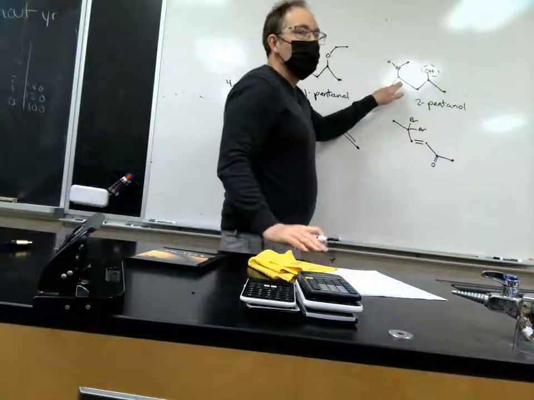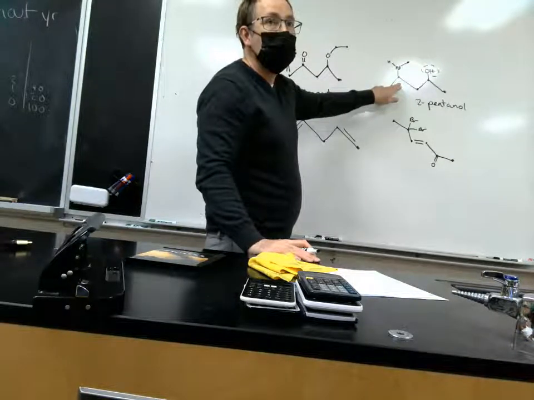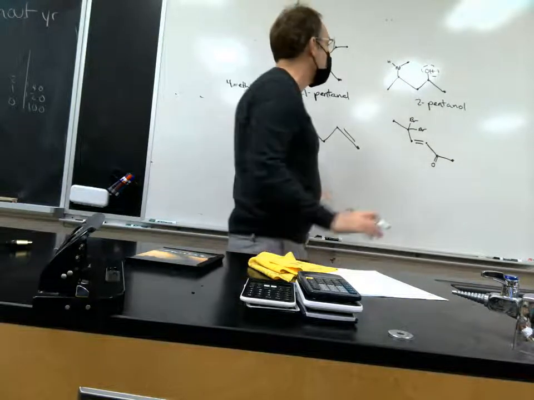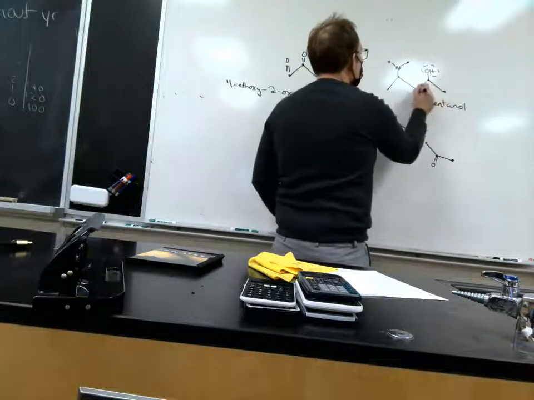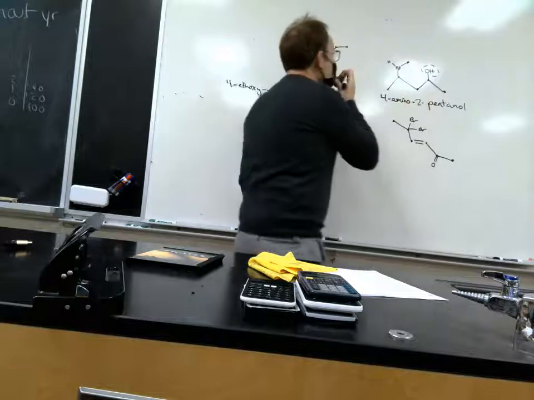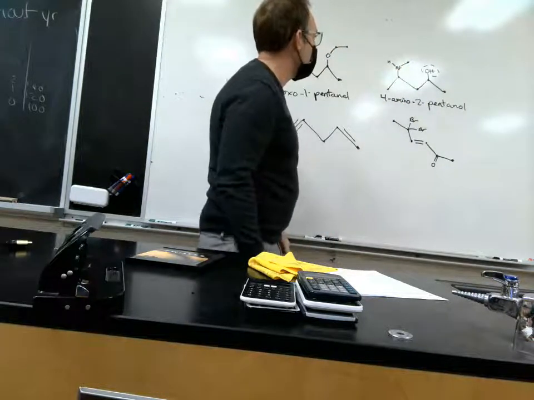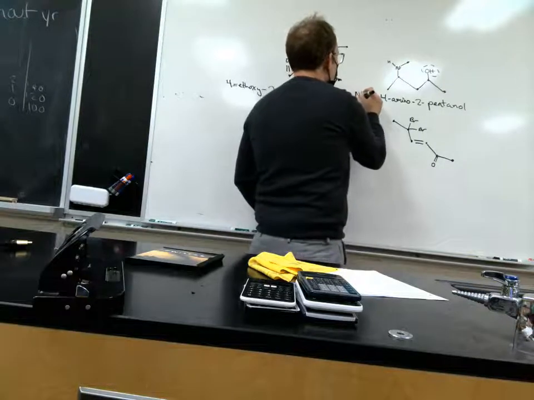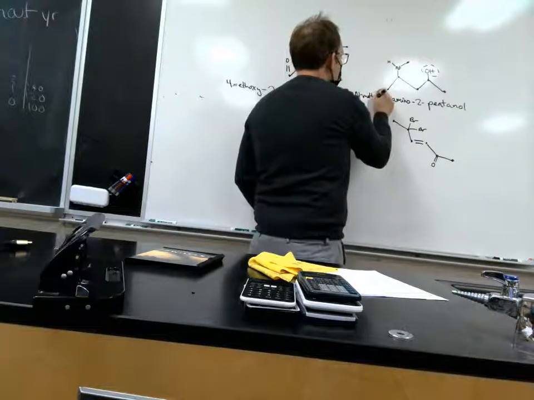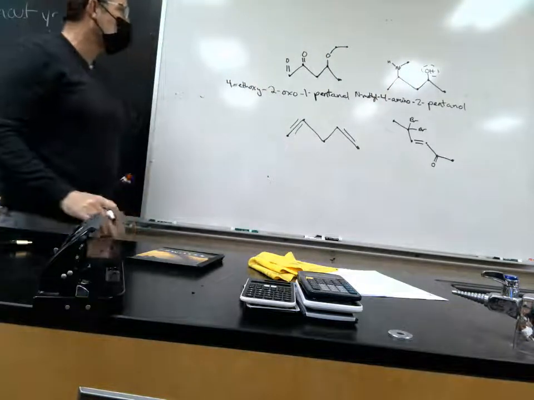Next functional group, because it's not highest priority, instead of being called an amine, it's now called an amino, and that is a prefix. 1, 2, 3, 4. 4 amino. And on the amine, we have a carbon. So we've got an N-methyl. If it was a 2-carbon chain, it would be N-ethyl.